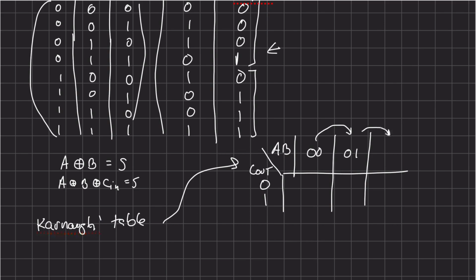We cannot change both. So if I put 1, 0 here, this value has changed and this value has changed, and it's not what we want. You will see why in a second. What we want, we want to change only this one. If I change this, I go back to 0, 0, and this is bad. So I can only change this one. So 1, 1, sorry, and then 1, 0. Okay.